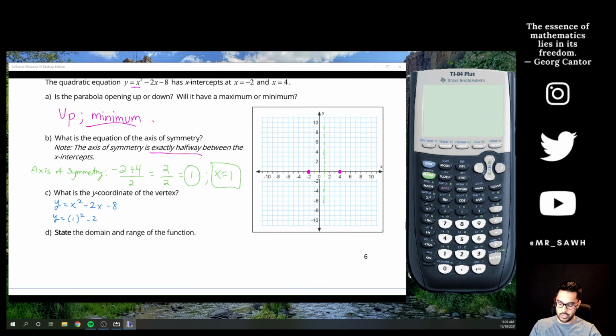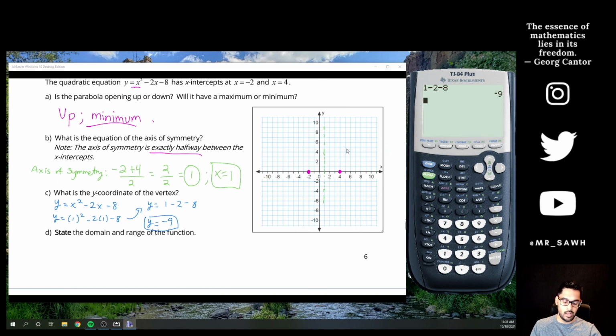So make a substitution, and what you'll figure out is that y should be equal to 1 minus 2 minus 8. And when you simplify all of that, you end up with, well, let's plug this in. You know, negatives are not my strong suit. So 1 minus 2 minus 8, -9 as a y value. Okay, so there's the y-coordinate of my vertex.